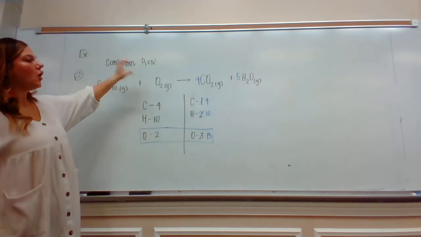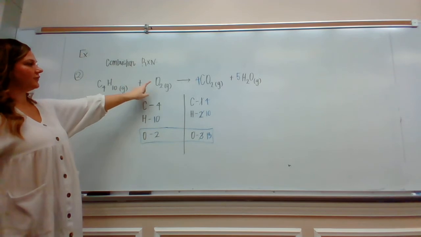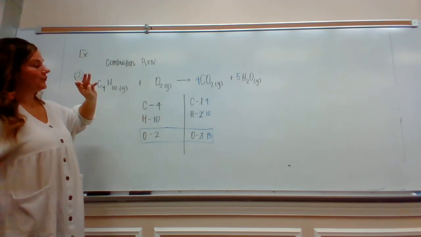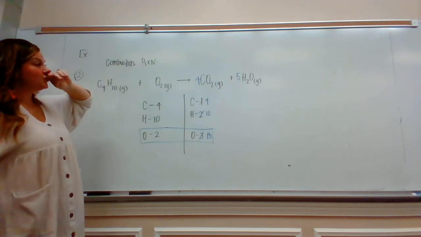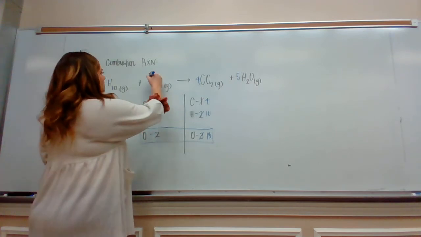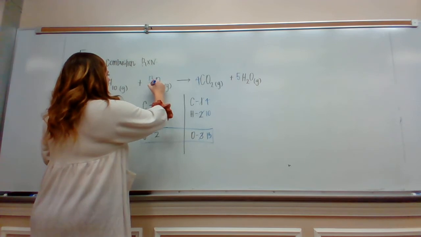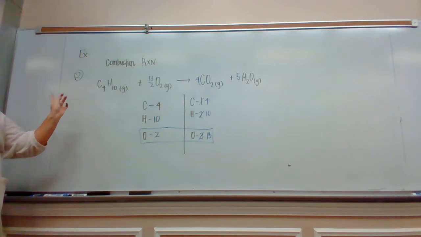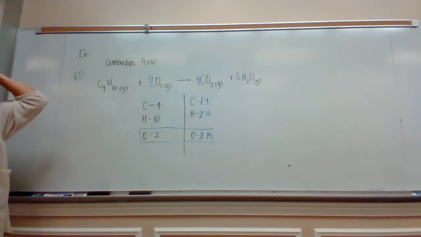Is there any whole number that I can put in front of O2 to get 13? No. Okay, so what you would do is you would do 13 over 2, but you can't leave it like that. You can never have fractions in your balanced equation.